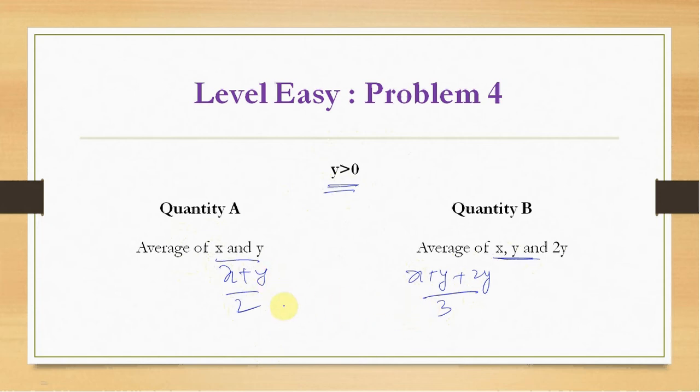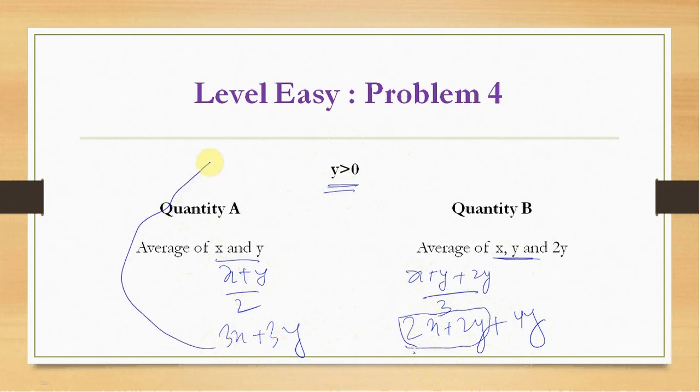Now we can cross multiply. This becomes 3x plus 3y, and this becomes 2x plus 2y plus 4y. Now we can subtract the same expression from both sides. Then it becomes x plus y on one side and 4y on the other.